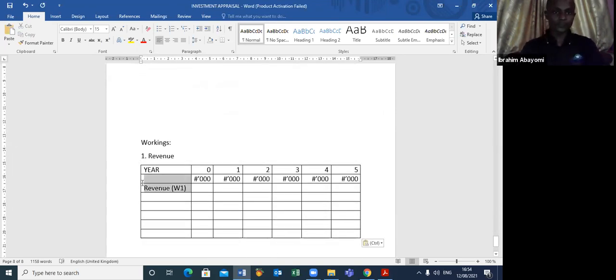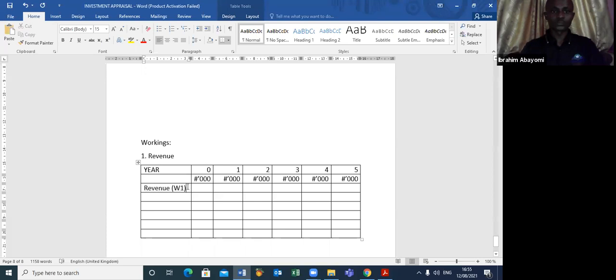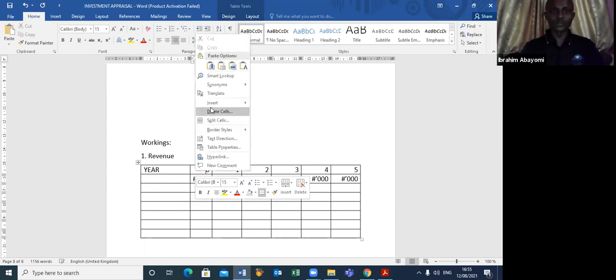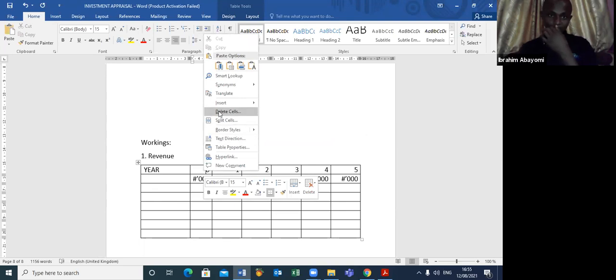I'm not supposed to have year 0, so I'll remove year 0 from there. Delete entire column.